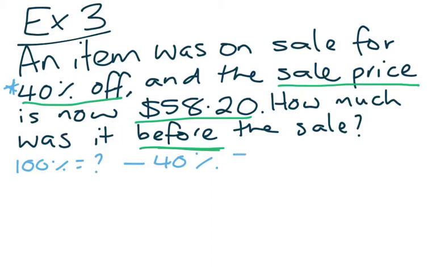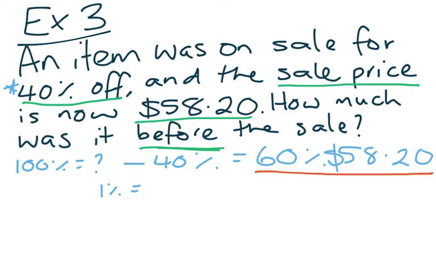That means we're left with the 60%, which happens to be this $58.20. So we've identified here that $58.20 is 60%, so we need to find 1%.